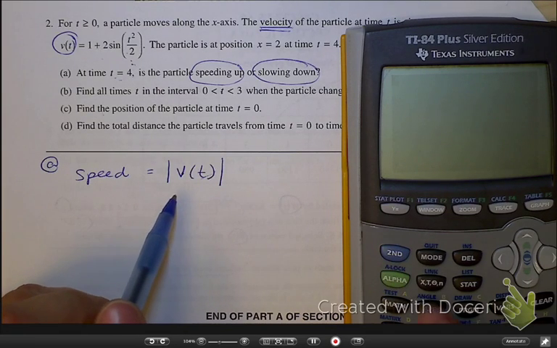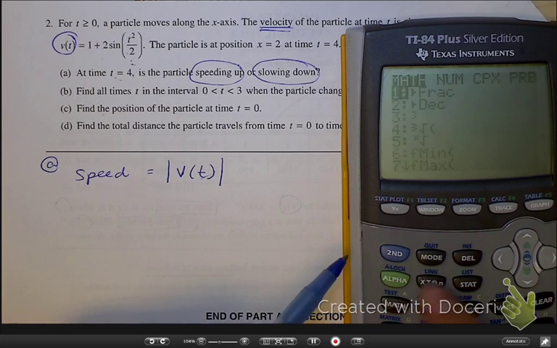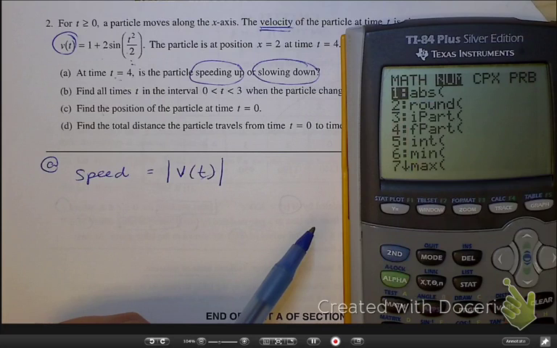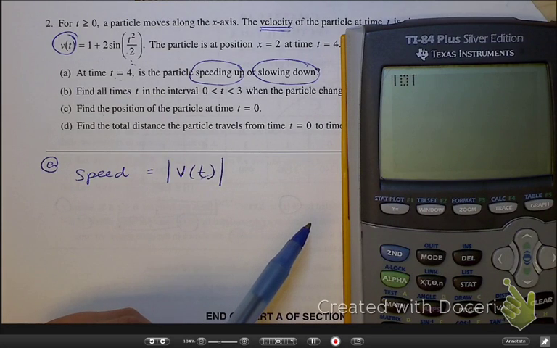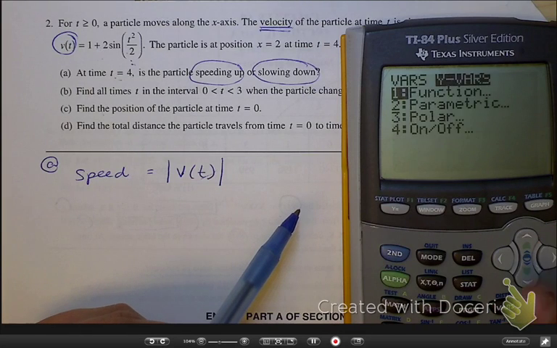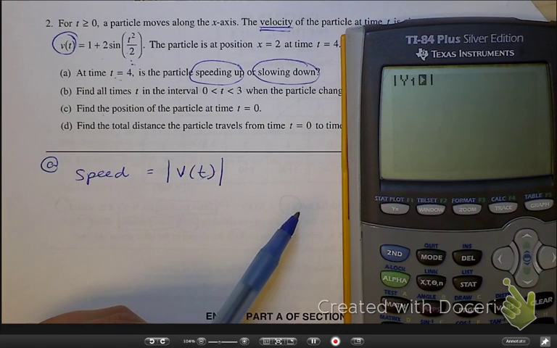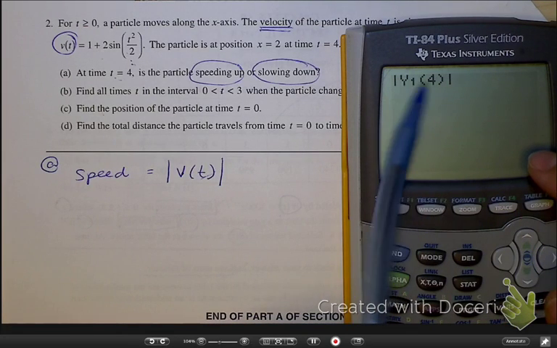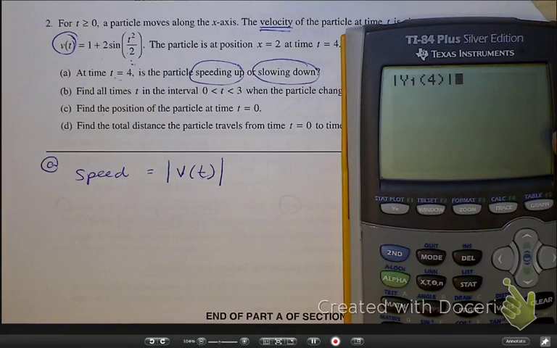So I'm going to get the absolute value function. I go to math, then over to NUM, that stands for number, and the first one is ABS, that's absolute value. Then I recall the function I just typed in: vars, y vars, function y1, and I'm going to do it at 4. If this is a positive value, the particle is speeding up.